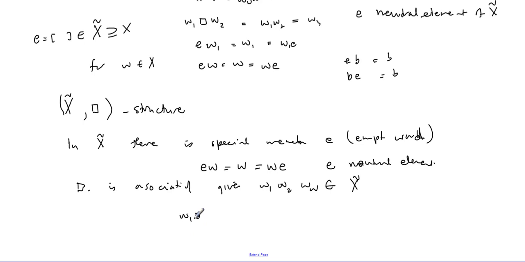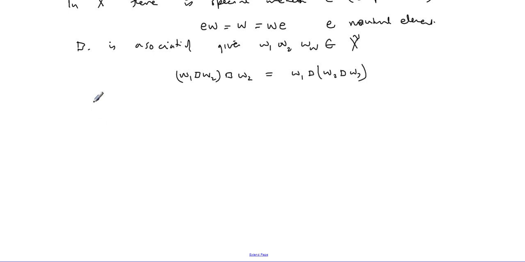Word 1 cascaded with word 2 is an element of X bar. But you cascade that with word 3, you see that this is the same thing as word 1 cascaded with word 2 cascaded with word 3. So this is one entity. Yes. So it's associative.